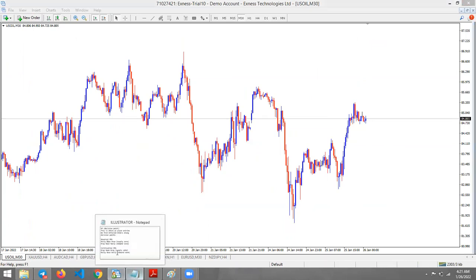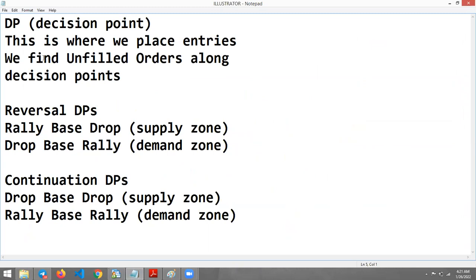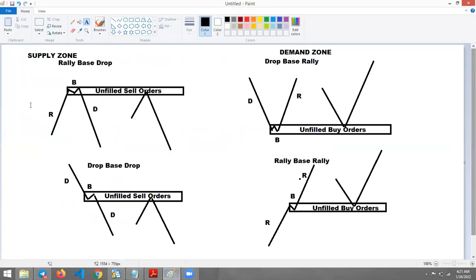So our decision points, this is where we place our entries because that is where we have what we call the unfilled orders. And then now we have the reversals and we have what we call the continuations as I've explained here. So we have what we call the supply zones where we place our sell entries, and we have what we call the demand zones where we place our buy entries.